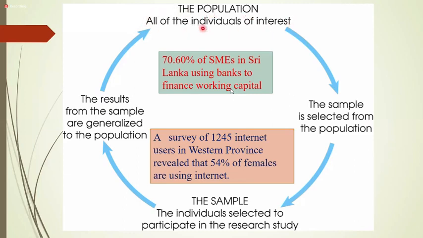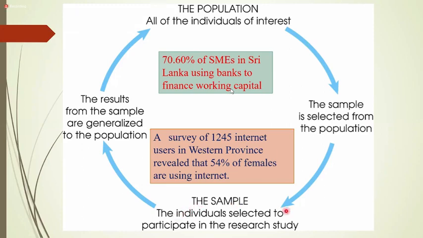Then from this we pick a part of the individuals. Statistics provides some techniques to identify the sample from the population of interest. Then the sample is selected from the population. From this sample, we collect information on the attribute we are interested in.